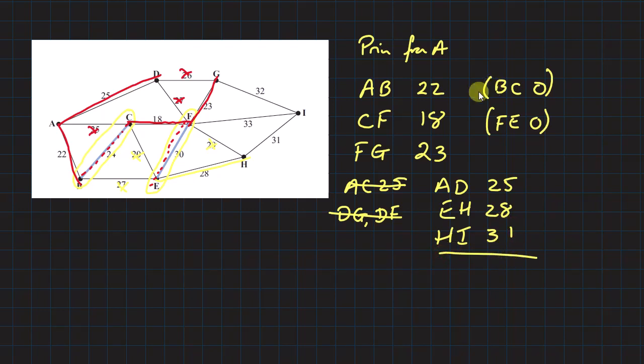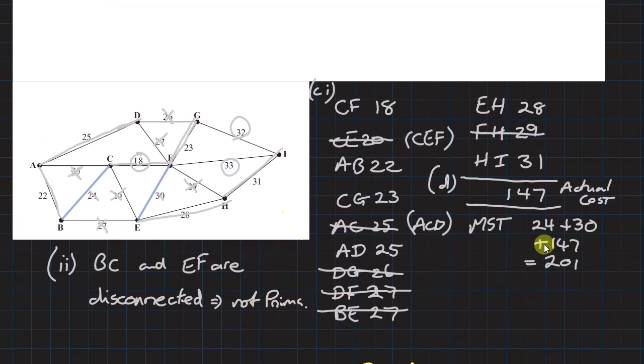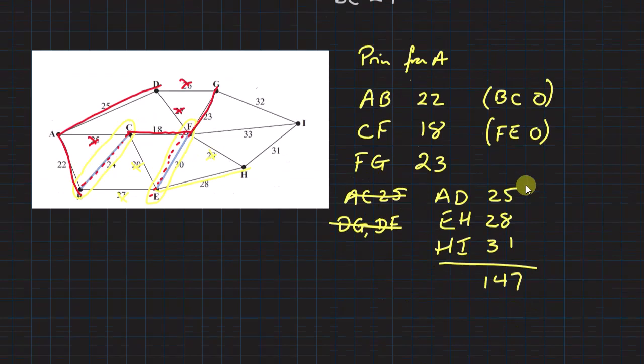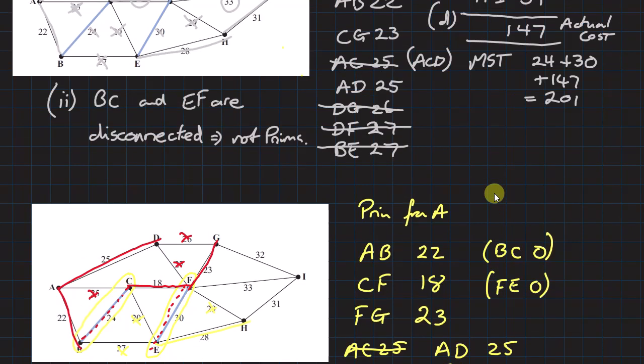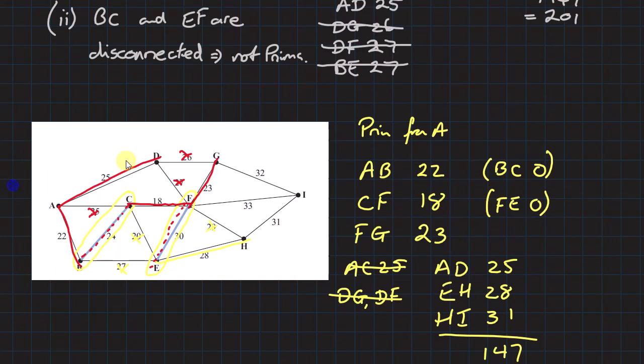And what's the total cost for this? 40, 63, 88, 108, 116, 147. Which hopefully is the same as what I made on the other one, the actual cost. It still works. I don't see why they're saying it shouldn't. It's just that it's actually breaking the rule because of these being connected. So that's the end of that question.